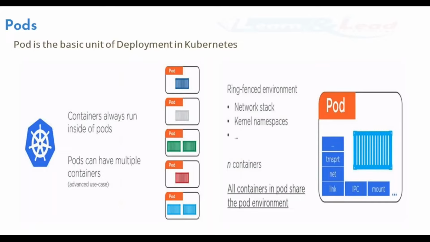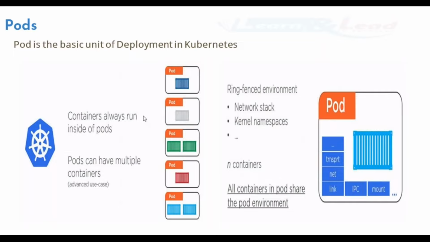We created the resources required for your container separately, and then we let the application run inside the container. The container runs your application, and everything else you see on the side, the network namespace, the PID namespaces which are required for your containers, will be maintained separately. That is why we say a container runs inside a pod.